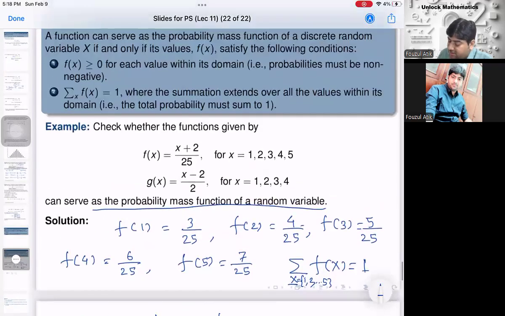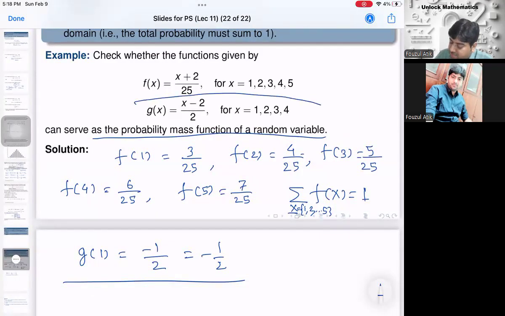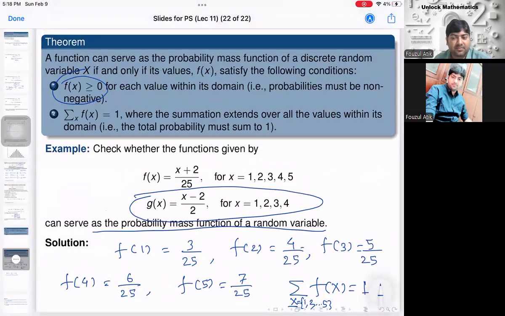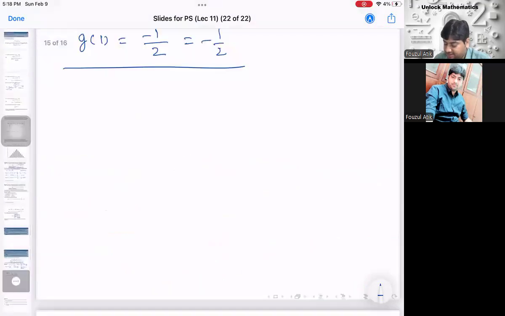So you can say that g(x) is not a probability mass function of any discrete random variable x. In this way, for any particular function given, you can understand whether it can be a probability mass function or not with the help of this theorem. We will discuss a few more examples and a new concept in the next lecture.